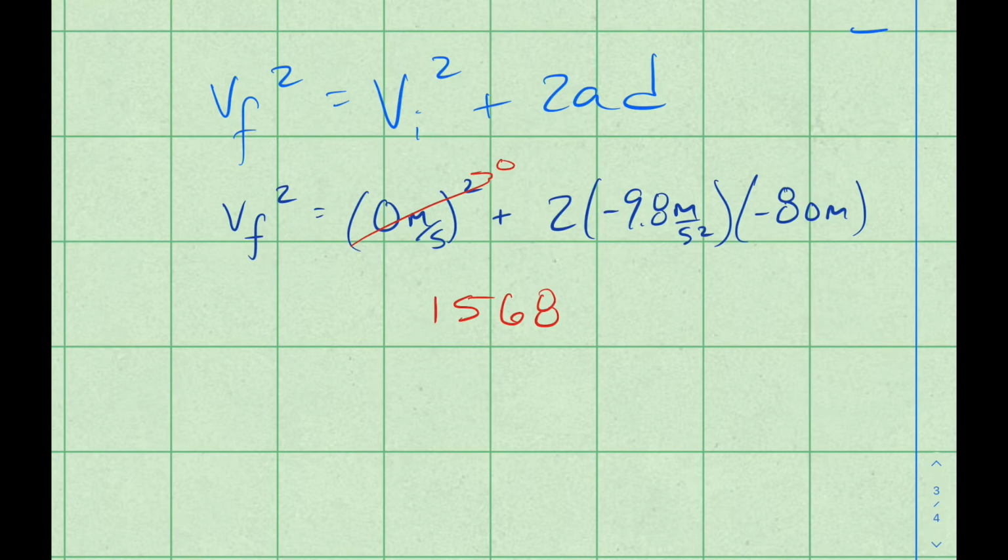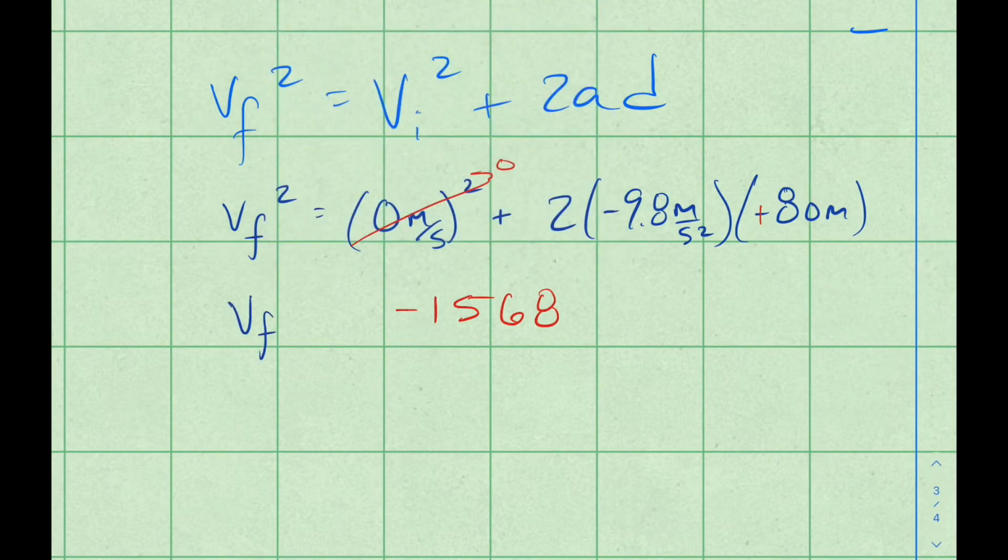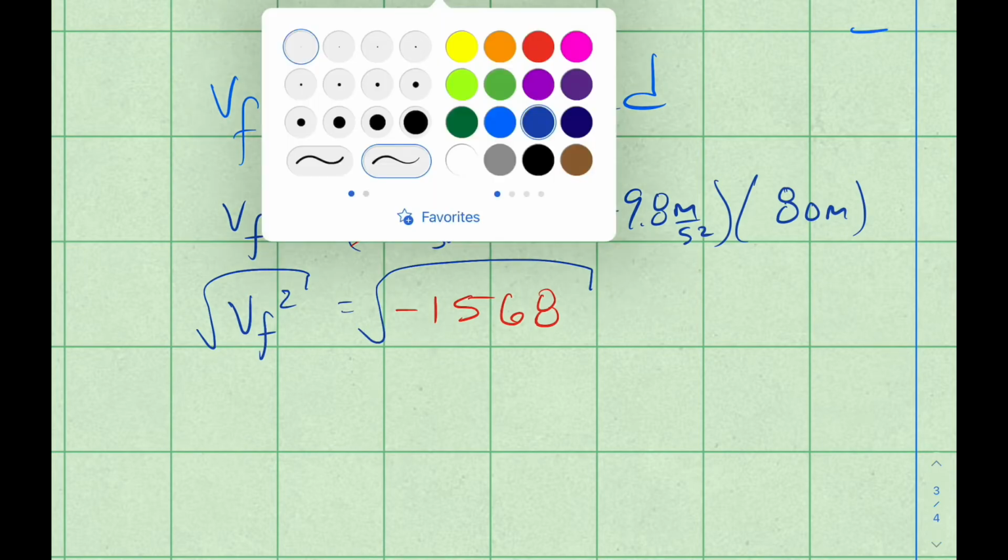But if one of these was positive, let's say we made that displacement positive, then we would end up with a negative 1,568, and that is problematic when we are trying to solve for VF and take the square root of both sides. That cannot be negative, which means this has to remain a negative.